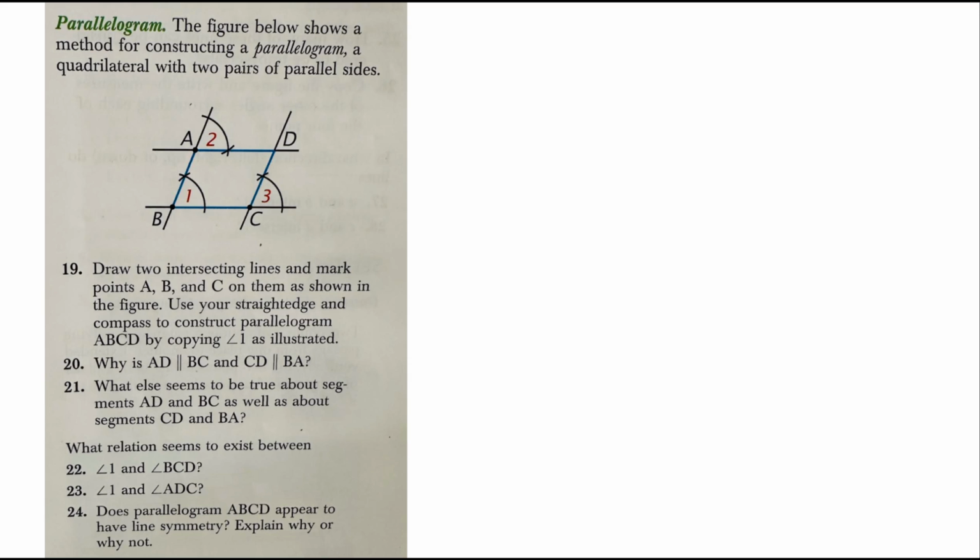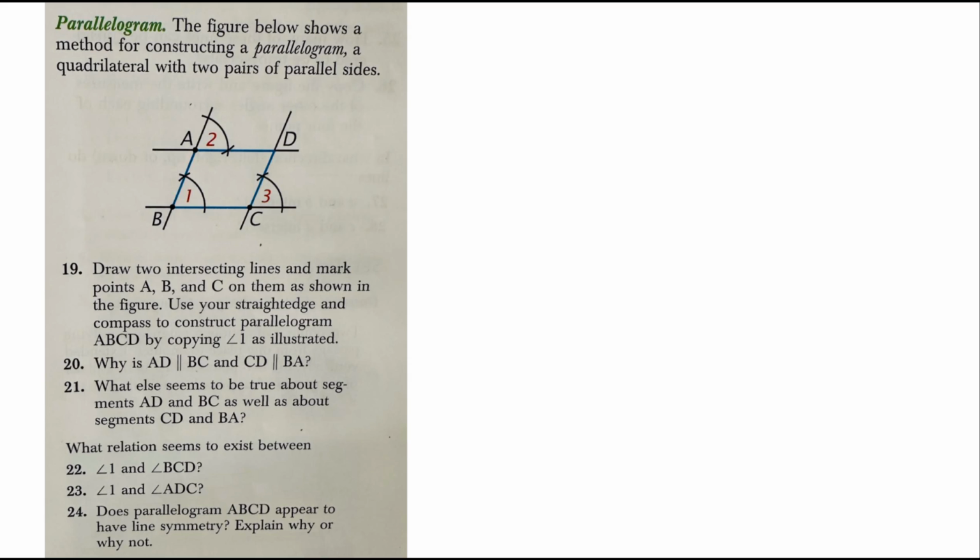Yeah, because we have AD and BC that are parallel, going horizontally, and then not quite vertically, but at an angle, we have AB and DC that are also parallel. So the same rules that are true for parallel lines and one transversal are also true if you have two transversals, or a parallelogram as they're going to call it here.